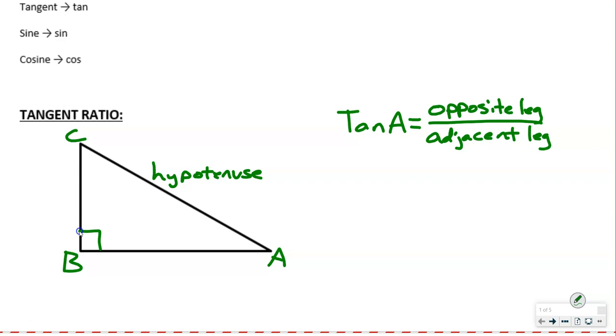So we know we're talking about the legs of our right triangle. But opposite leg, opposite of what? We want opposite of A. So opposite of A is over here at CB. This is our opposite leg. Which means BA is going to be our adjacent leg.